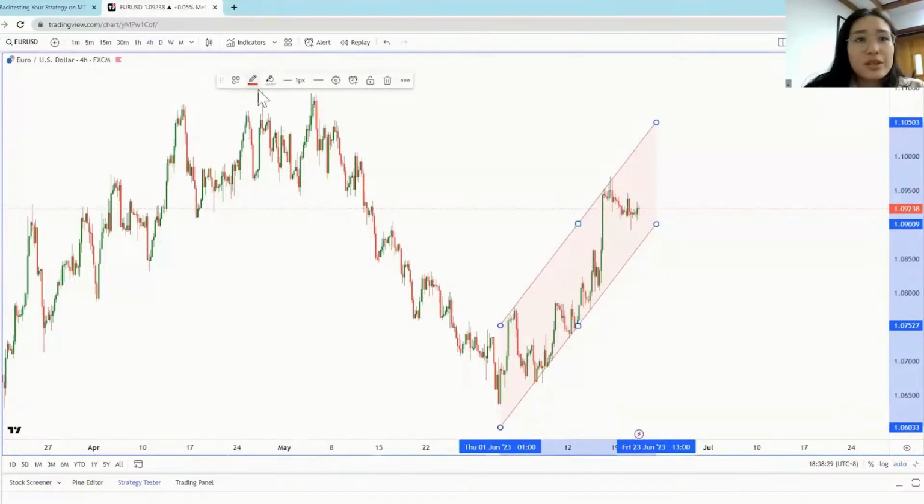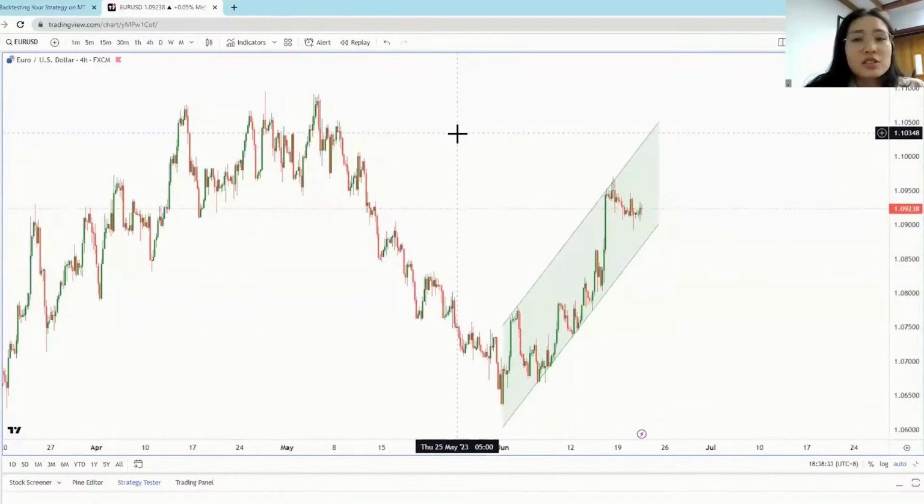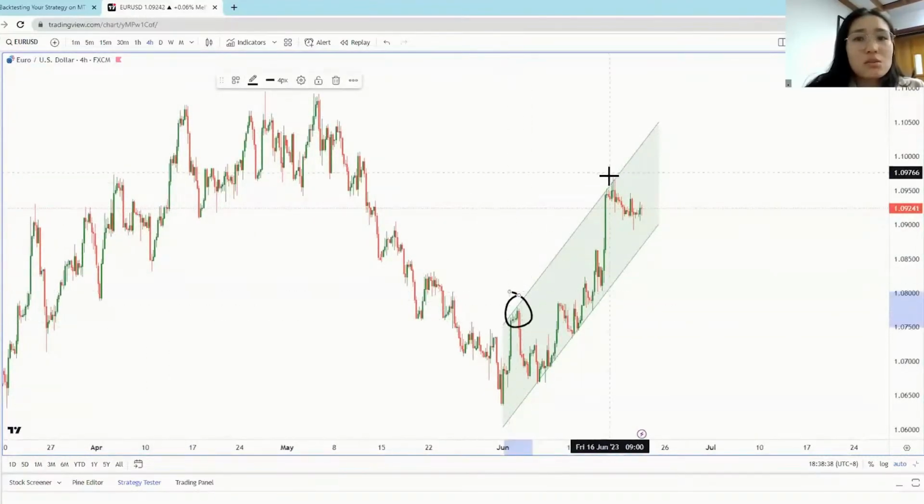But it does look like price is moving within this ascending trend channel. So for a valid trend channel, just to recap, you want to make sure that there are 2 touches on top and at least 2 touches below.